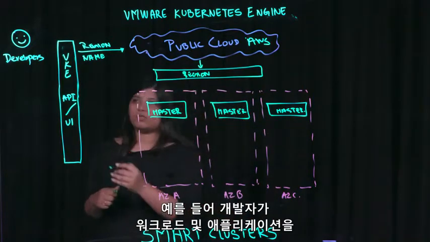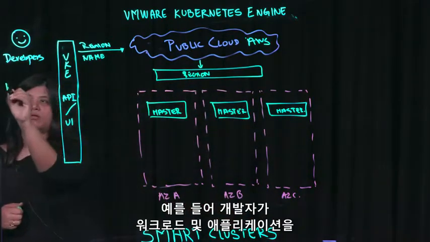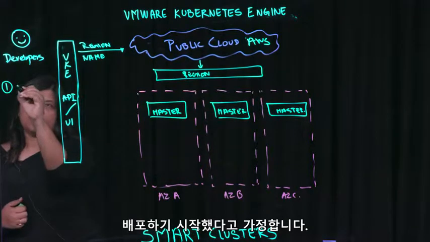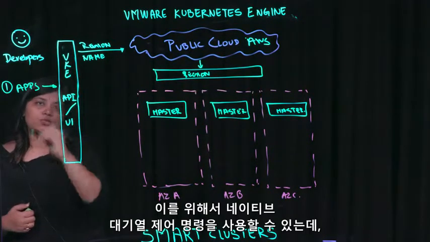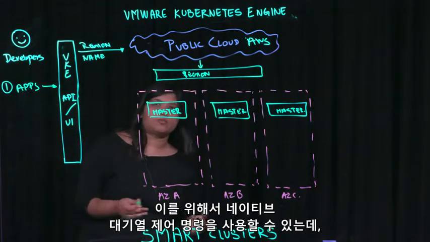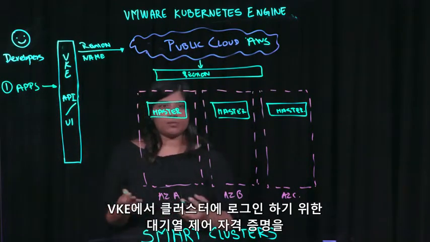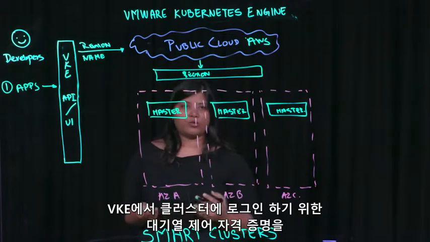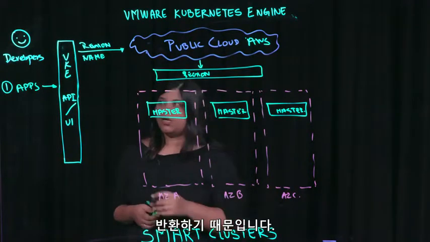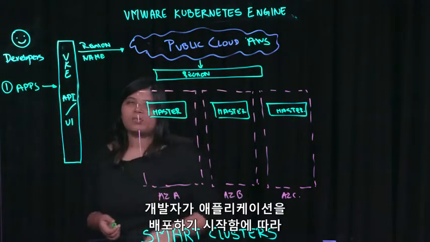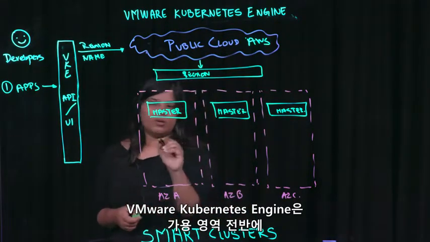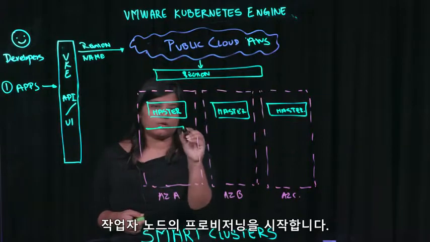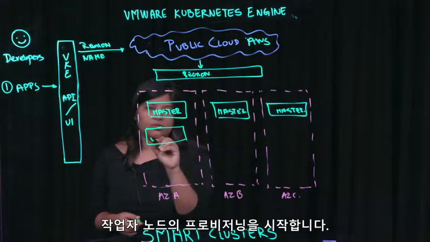Now, let's say this developer starts deploying workloads or applications. They can do this using native kubectl commands because VKE will give them back the kubectl credentials to log into the cluster. As the developer starts deploying applications, VMware Kubernetes Engine will start provisioning worker nodes across availability zones.